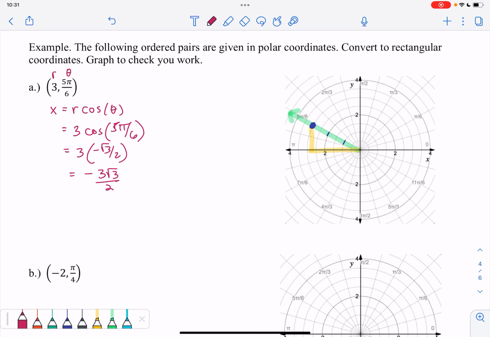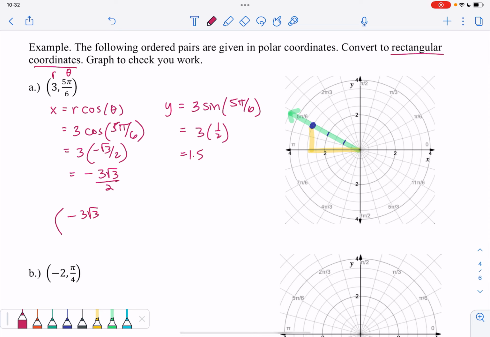Okay, let's do my y now. Y is 3 sine of 5 pi over 6, which is 3 times a half, which is 1.5. So my goal is convert to rectangular coordinates. So this is negative 3 root 3 over 2, comma, 1.5.